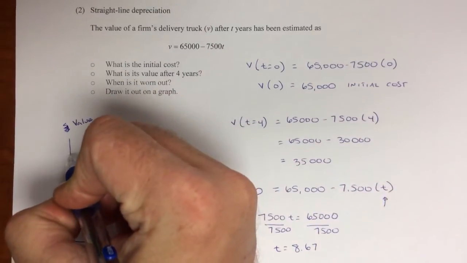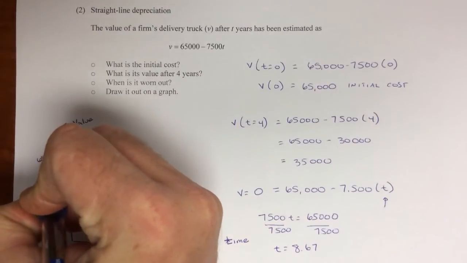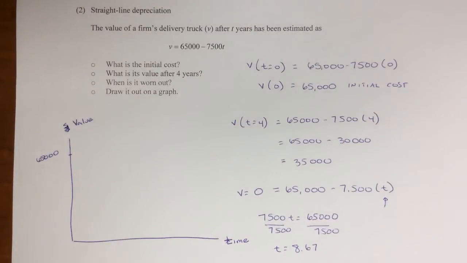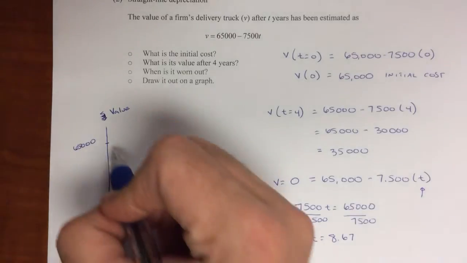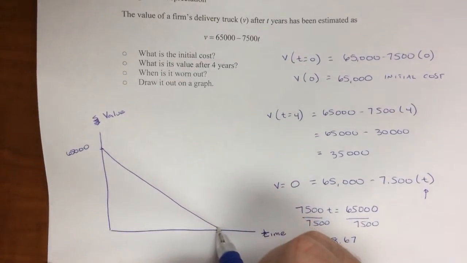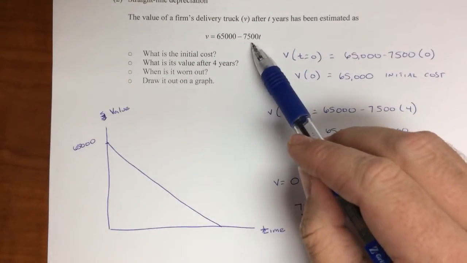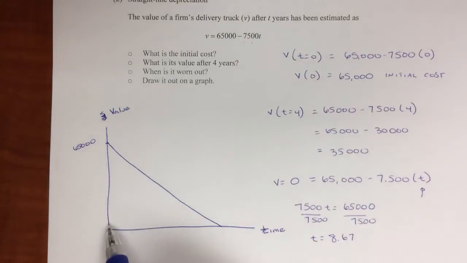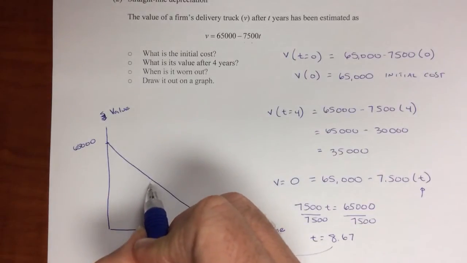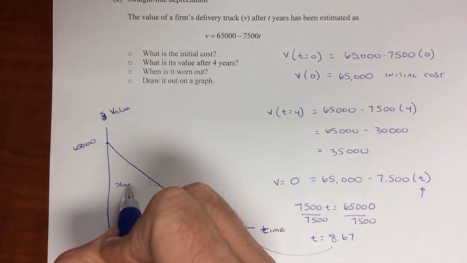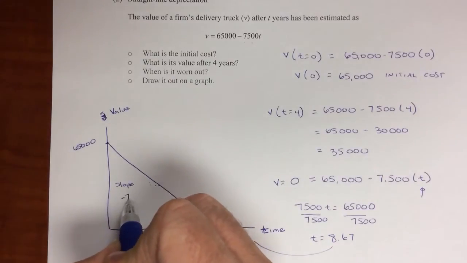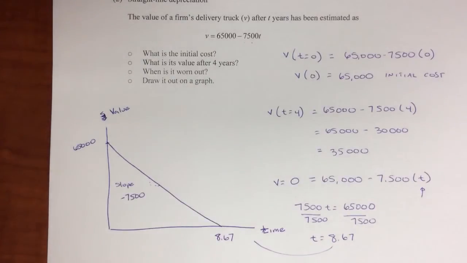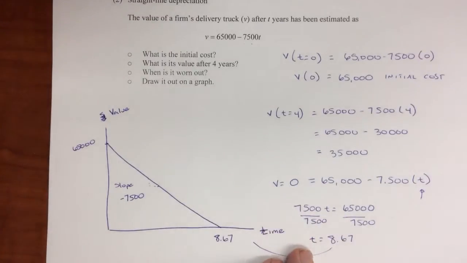I know my y-intercept is 65,000. The slope is going to be a negative slope because of the negative 7,500. And the point where my value is 0, I just solved that out: this is 8.67, with a slope of negative 7,500. So that's how I'd answer number 2.